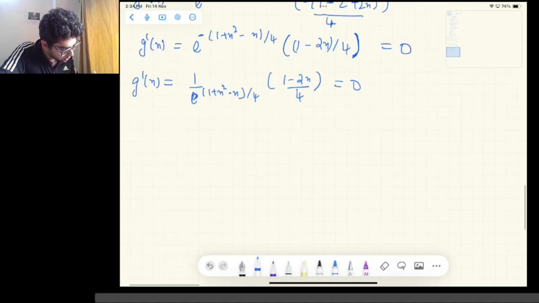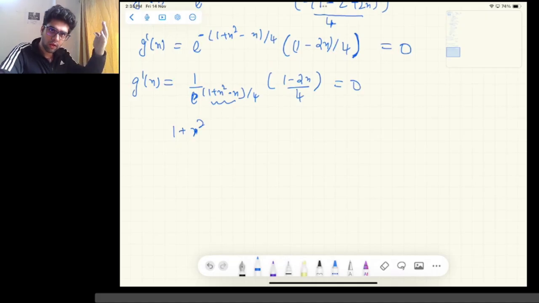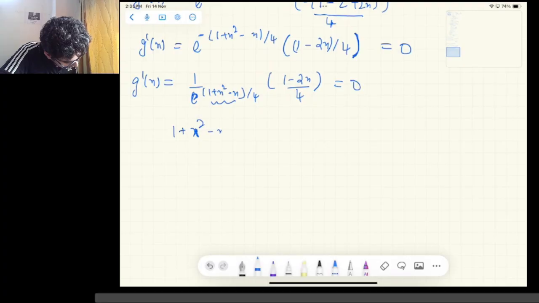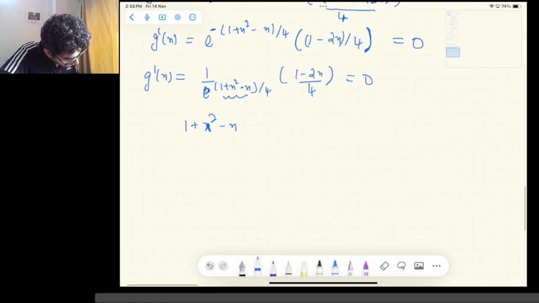So this expression 1 plus x square, this expression in the power of e, but in the denominator of the function, this expression 1 plus x square minus x, if I just take this function as h of x and I'll be writing this as x square minus x plus 1, right?